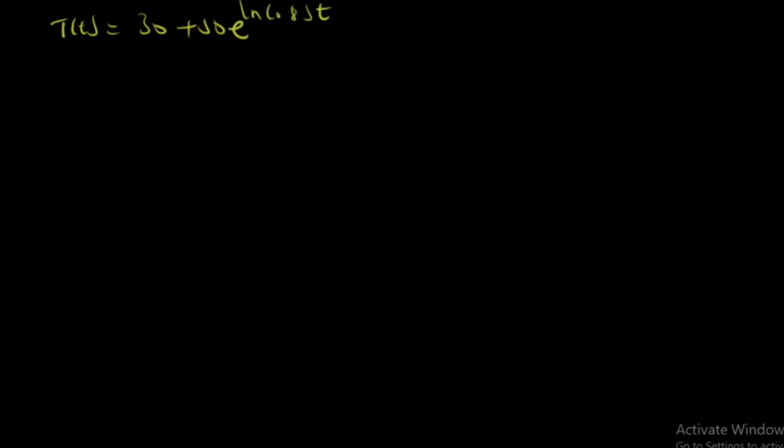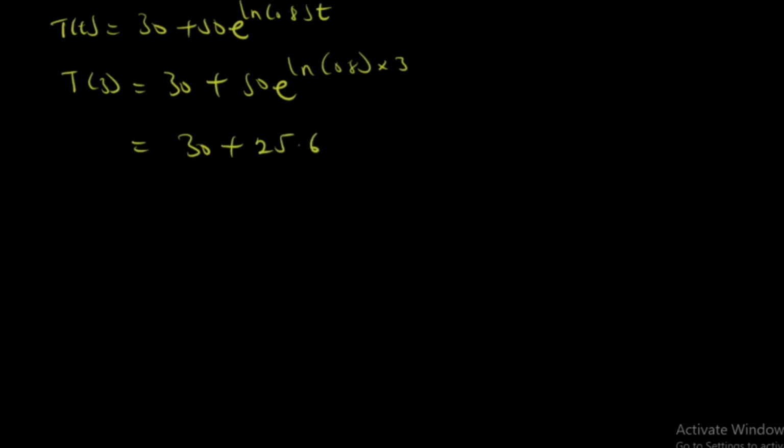We're finding the temperature at 3 minutes, so this will be 30 plus 50e^(ln 0.8 times 3), times the time, 3 minutes, because at T3. So we solve this. When you solve this correctly, you get the temperature to be 30 plus 25.6, which gives you 55.6 degrees.